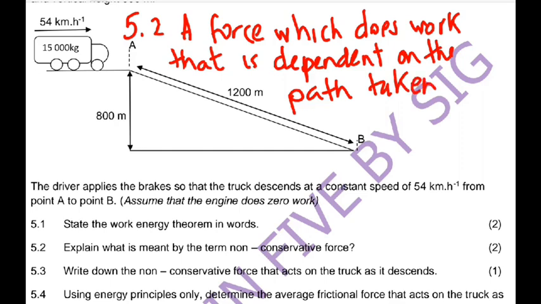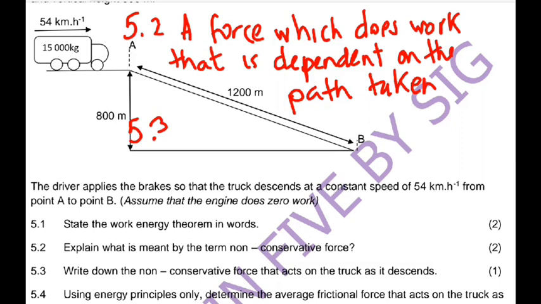So in other words, if you take a longer path, you will do more work with this kind of force. Take a shorter path, you will do less work. The opposite of a non-conservative force would be a conservative force, like your field forces. So conservative forces are your field forces. The work done by a field force does not depend on the path or the route that you take.